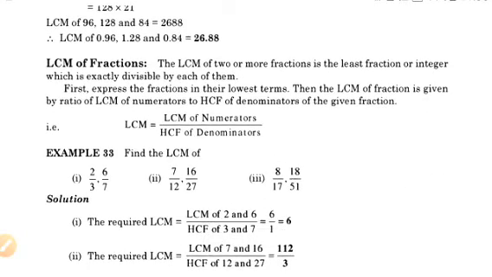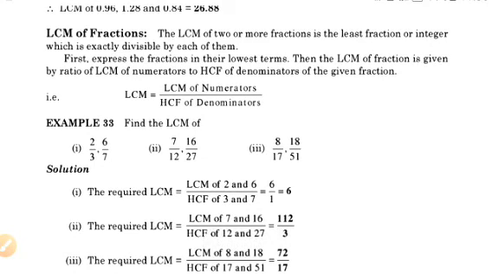Similarly for the LCM of fractions. The LCM of two or more fractions is the least fraction or integer which is exactly divisible by each of them. For the LCM of fractions we use the formula: LCM of numerators divided by HCF of denominators. It is the opposite of that of HCF.